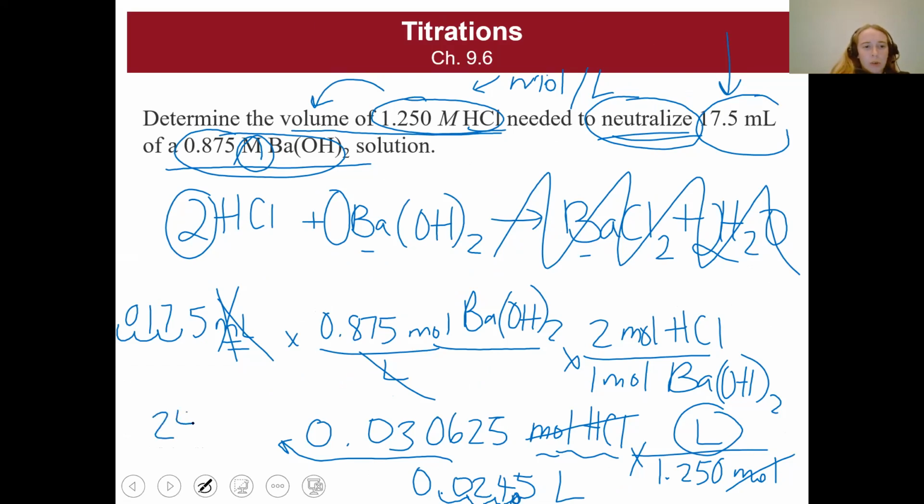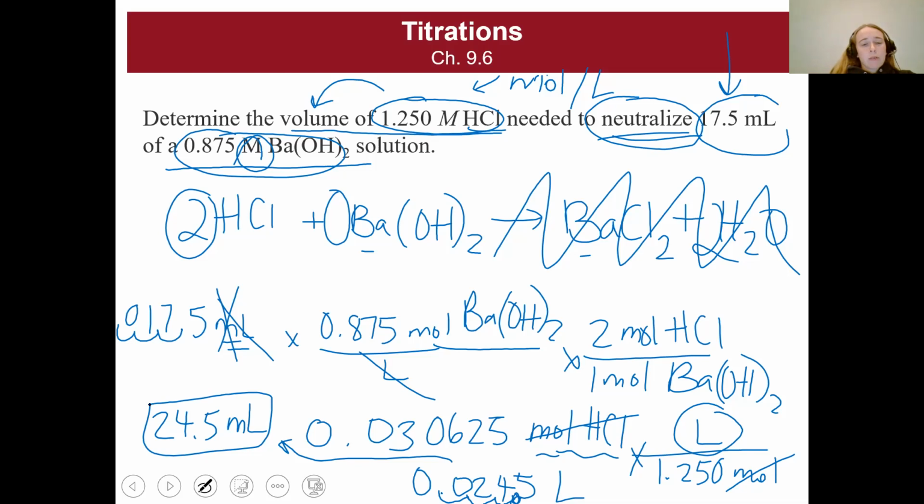So 24.5 milliliters is our answer. We started with a volume and a concentration, went to moles, used our balanced reaction to go to moles of our other chemical substance, and then we had moles and a concentration to go to volume.